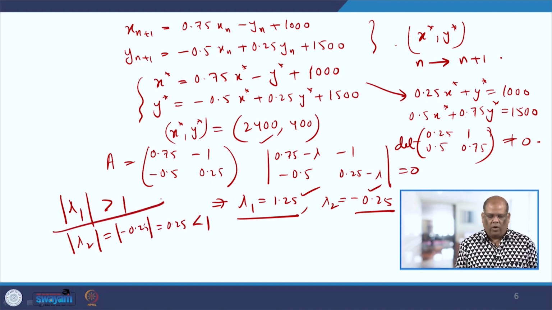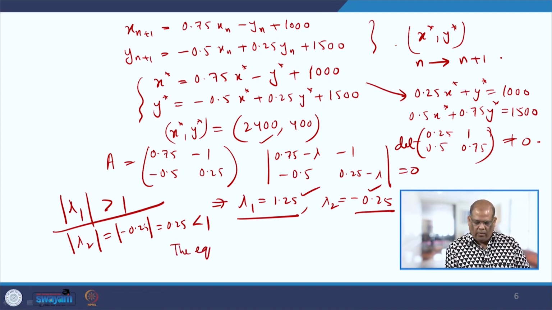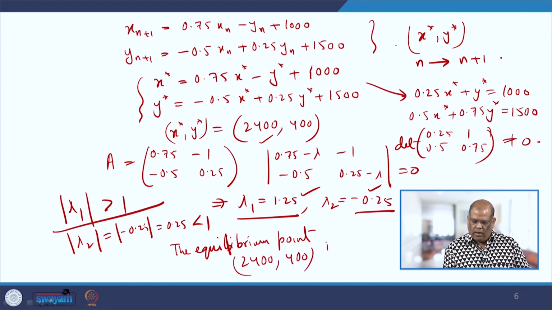So, the modulus of one of the eigenvalues is greater than 1 and the other one is less than 1, and the conclusion is the equilibrium point (2400, 400) is a saddle.